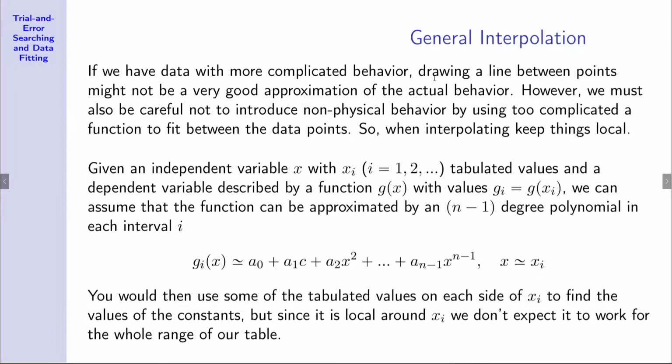So the simple example we've looked at so far, we just have simple linear data, right? It's data that we expect to behave linearly. And so drawing a line between two data points is probably not such a bad approximation to the actual behavior.